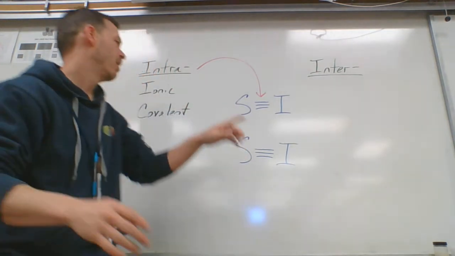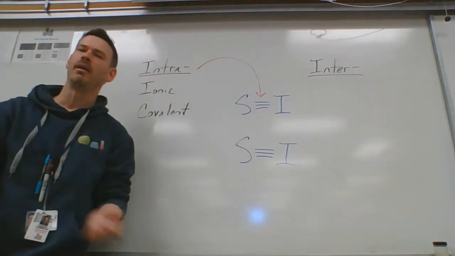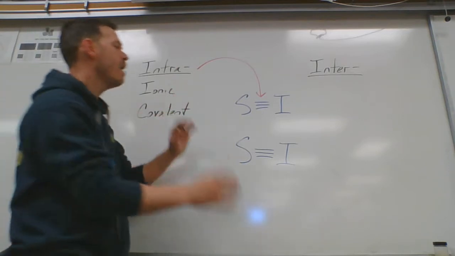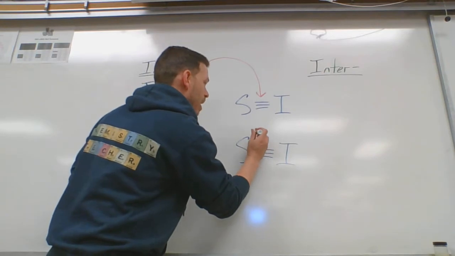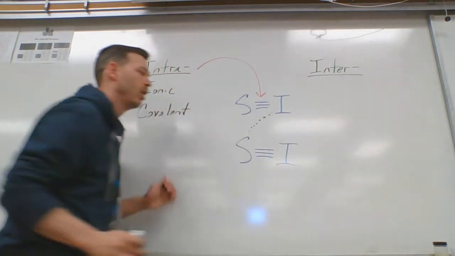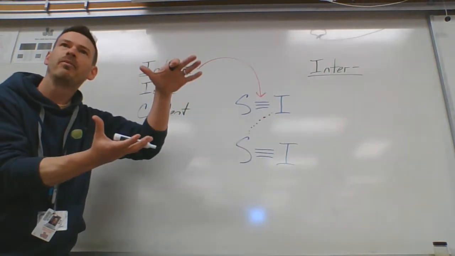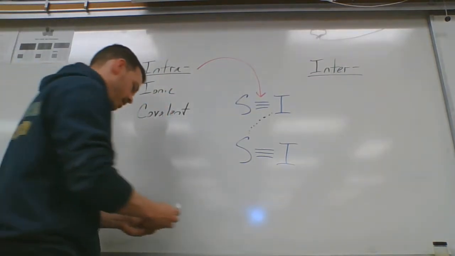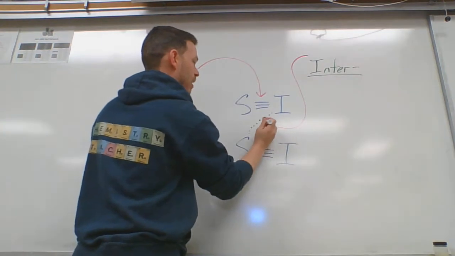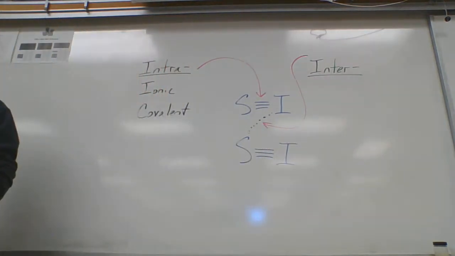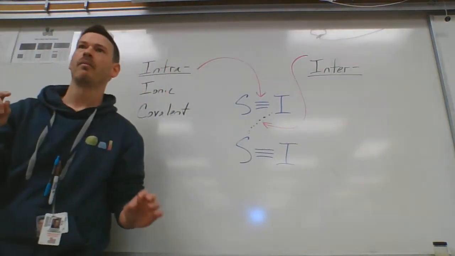Not bond together. The bonding together is intramolecular. We're done with that. I want to know what would make these items be attracted to each other, and it's going to be these intermolecular forces that we are about to cover.